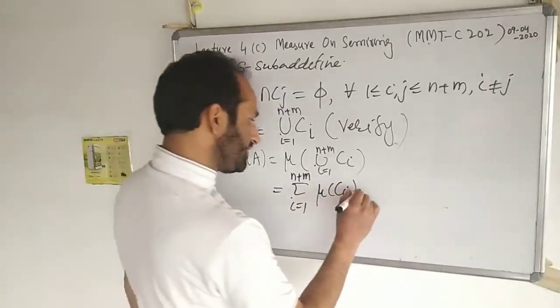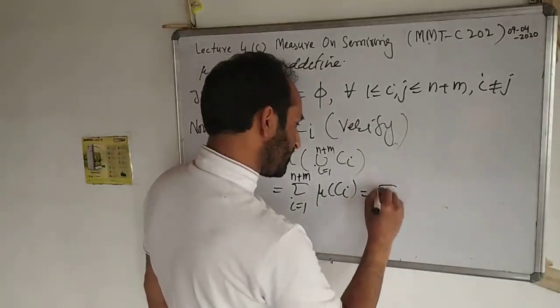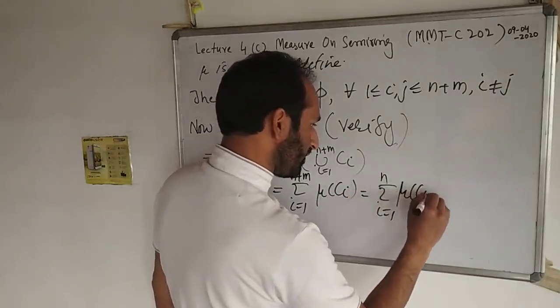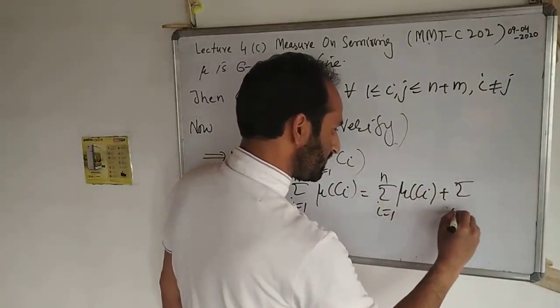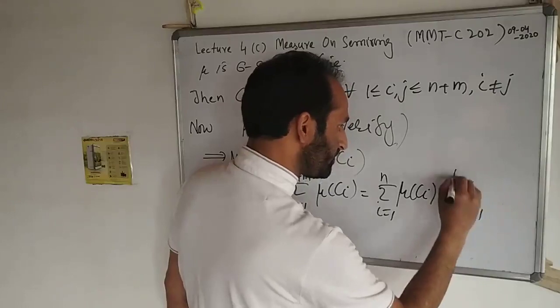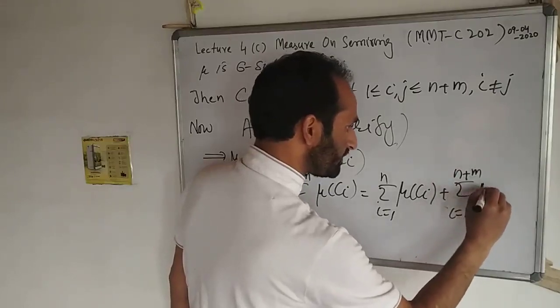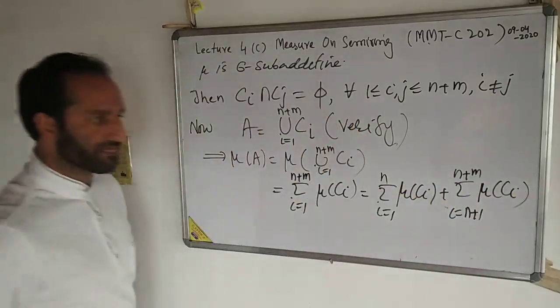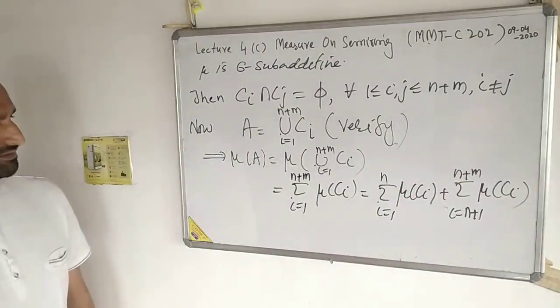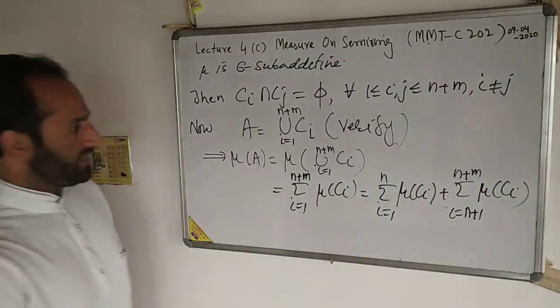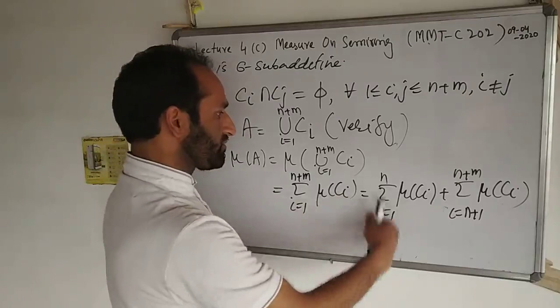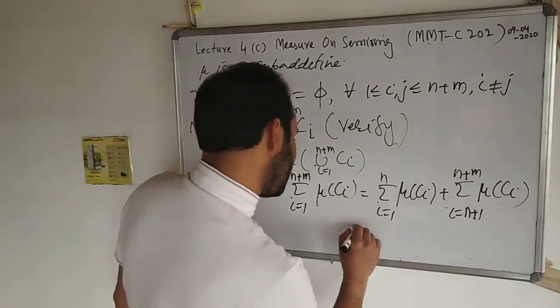And that's equal to the summation i runs from 1 to n of mu of Ci, plus the summation i runs from n plus 1 to n plus m of mu of Ci. And for i runs from 1 to n, Ci is equal to Ai.